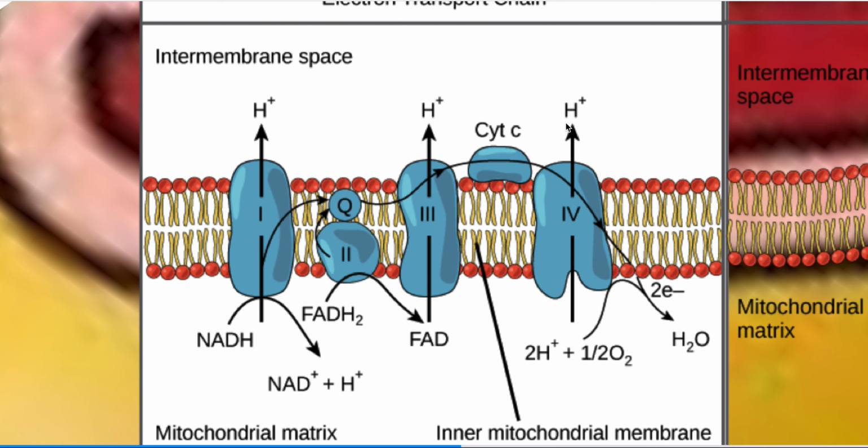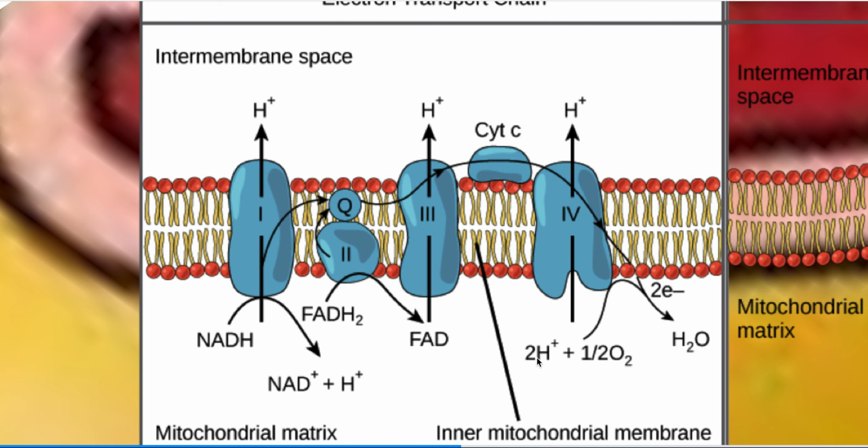Complex 4 pumps a hydrogen. So when you use an NADH, you can pump all 3 of these hydrogens using complexes 1, 3, and 4. When you just use FADH2, you bypass complex 1, so you can't pump as many hydrogens, but you can still pump some. All right, so that is basically what happens in the electron transport chain.